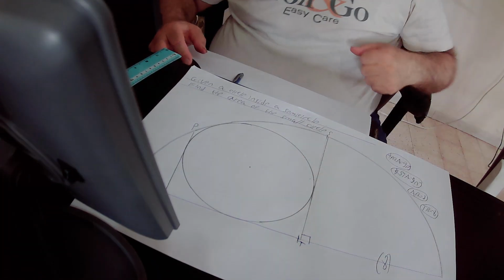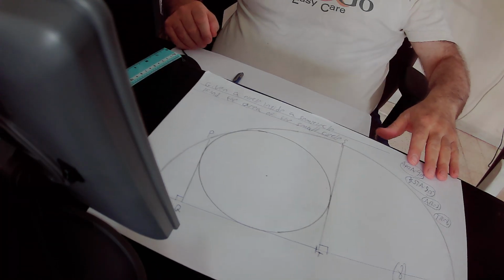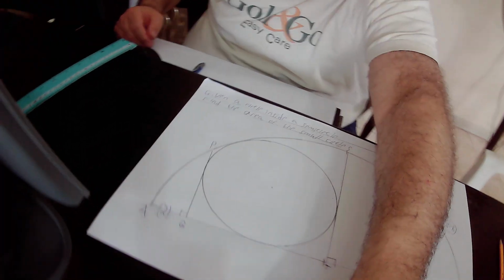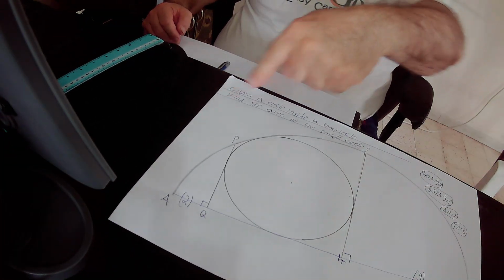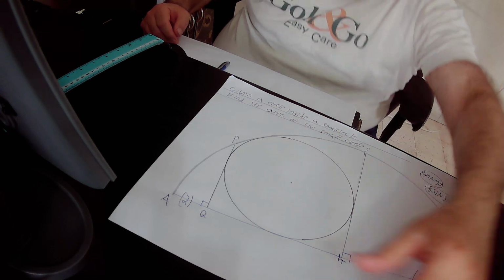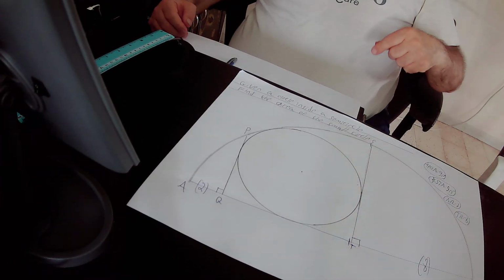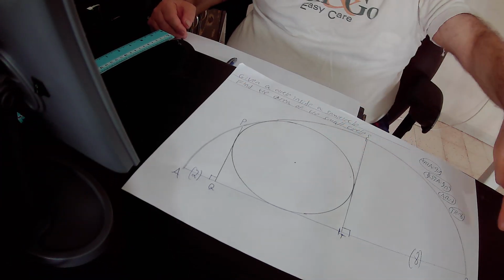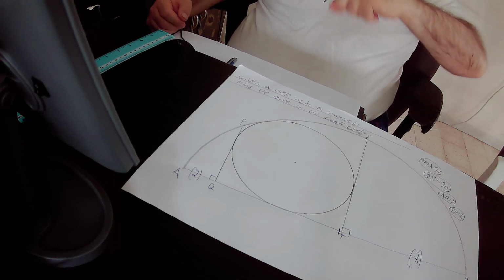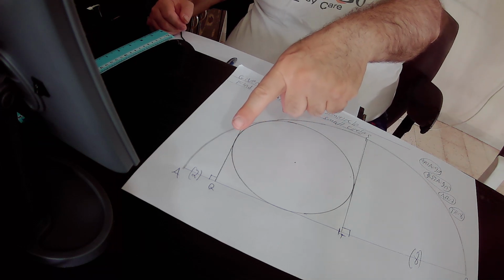Now in this lecture we'll find out the area of the small circle. In the drawing we have a semicircle. Line segment AQ equals 2 units in its length.